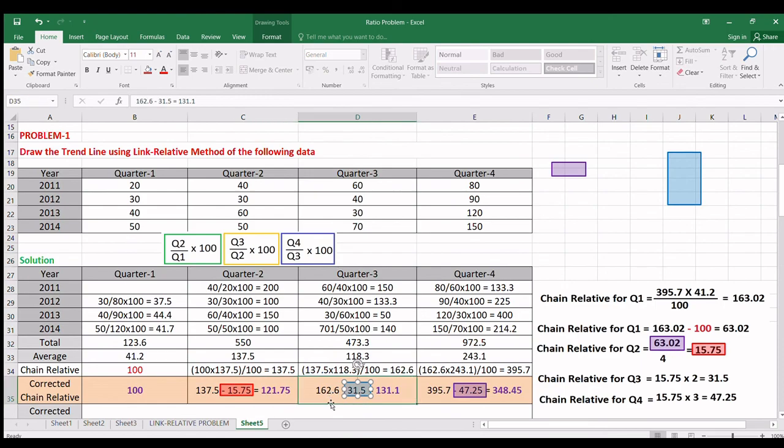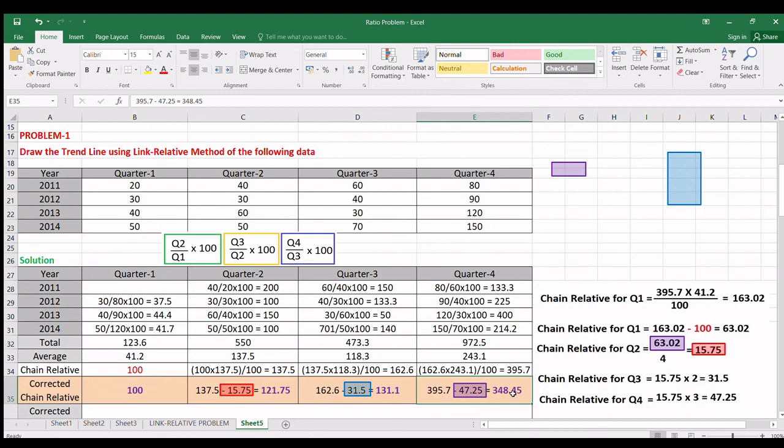Next, 162.6 minus 31.5, the answer is 131.1. Next, quarter 4, the value is 395.7 minus 47.25, the answer is 348.45. So I got the corrected chain relative.